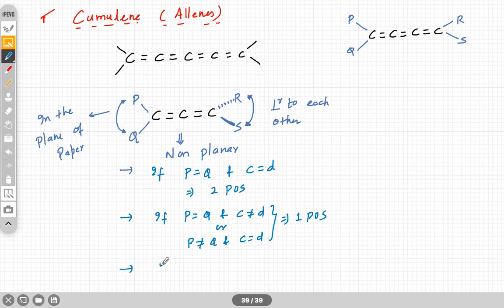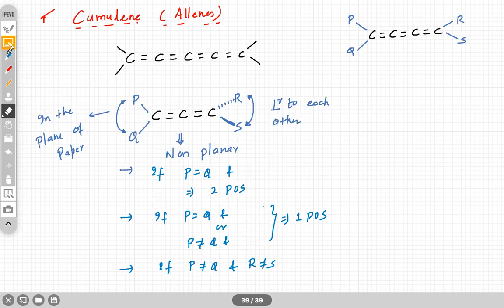And if P not equals Q and R not equals S. Why have I written C and D here? Because I have written C and D in my notes, not this one.